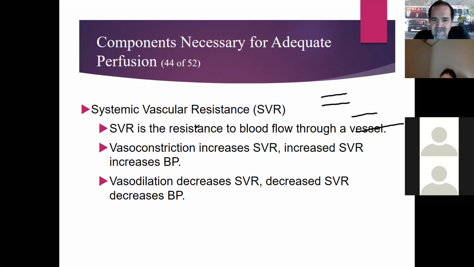Systemic vascular resistance is the resistance of blood flow through a blood vessel. Vasoconstriction, where you constrict the blood vessel, increases systemic vascular resistance, which basically increases blood pressure. So isn't it true that if I make this a lot smaller, the blood pressure would be higher in this one than in this one?